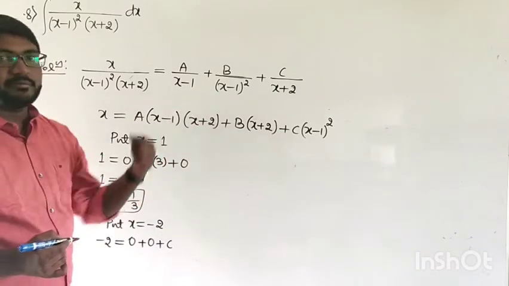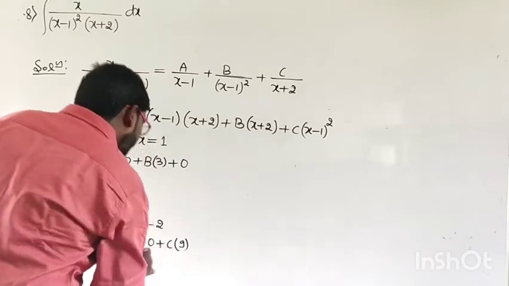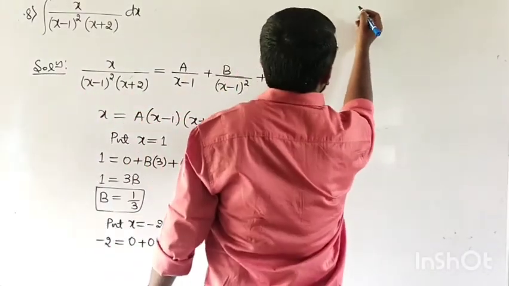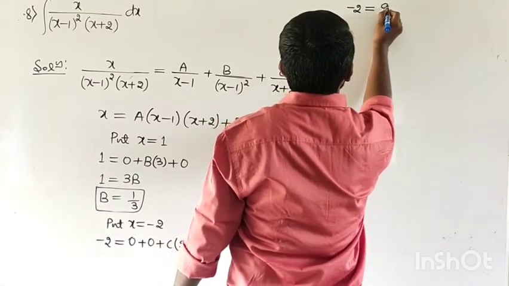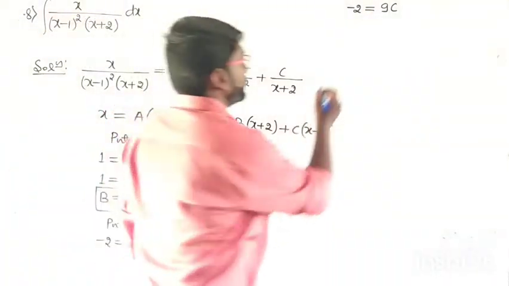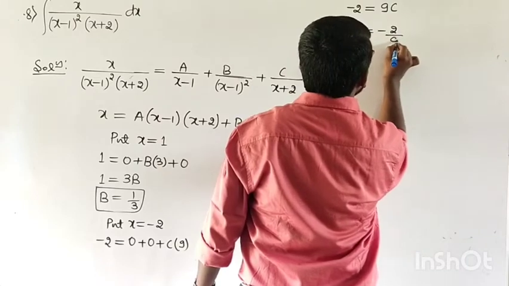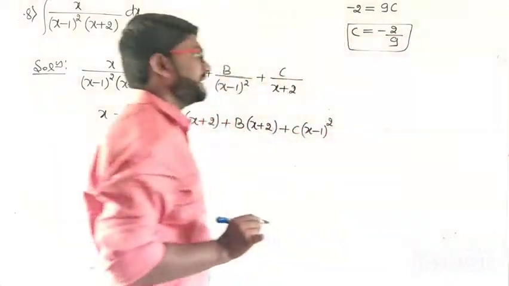Minus 3 squared will be plus 9. Then the next step, we get minus 2 is equal to 9 times c. Then c is equal to minus 2 divided by 9. We have got the value of c as well.